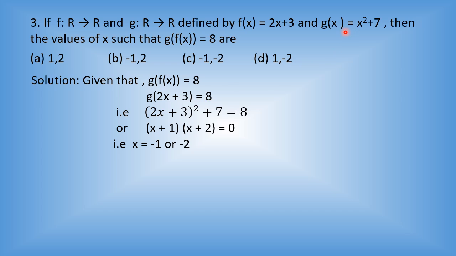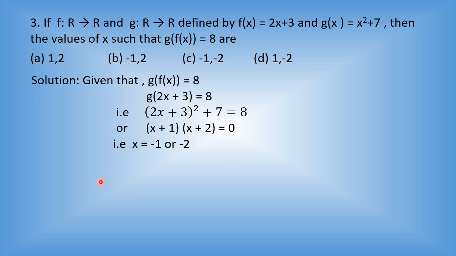Now apply the function g here. In place of x we have to write 2x plus 3, composite function. So 2x plus 3 whole square plus 7 equal to 8. After simplification you will get one quadratic equation. Square is there, so quadratic equation. You know that for any quadratic equation there should be two solutions.